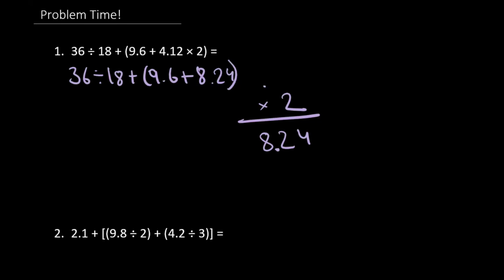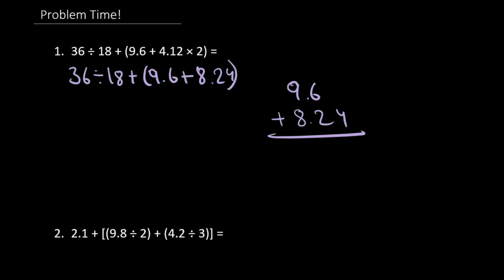So let me just erase this quickly. Okay, so now what we do is 9.6 plus 8.24 because we are supposed to do parentheses first. So we're supposed to solve the numbers inside the parentheses. So 9.6 plus 8.24. 4 plus 0, nothing plus 4 would be 4, 6 plus 2 would be 8, 9 plus 8 would be 17.